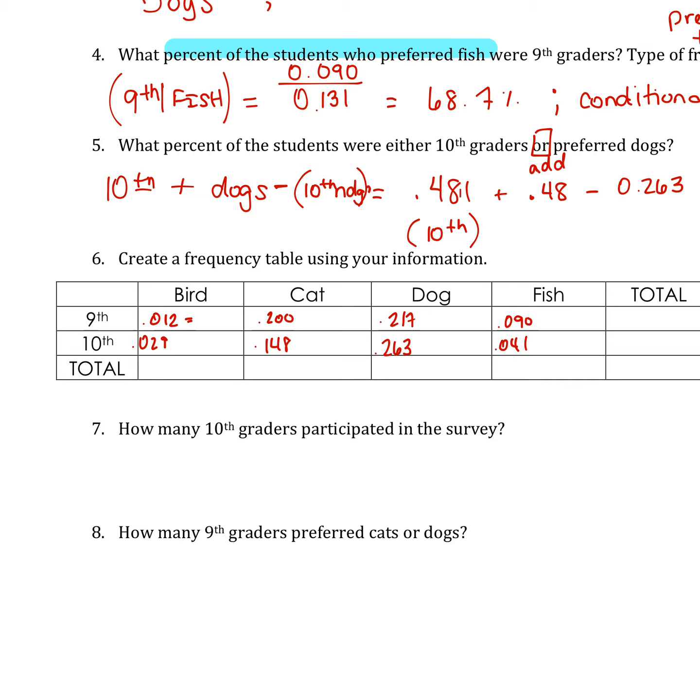We're going to multiply them by the total number of people surveyed, which was 244. So all of these numbers are going to be multiplied by 244.